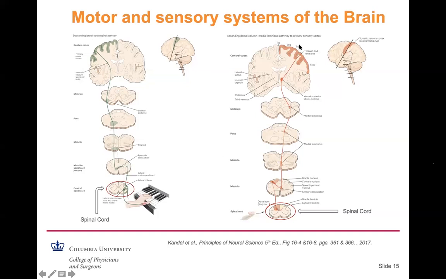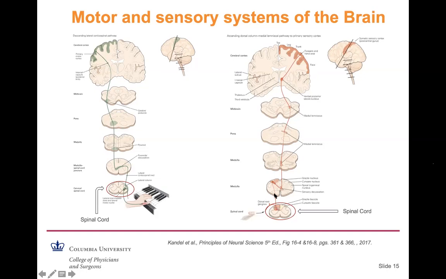The sensory cortex, remember I mentioned the somatosensory cortex, which is the postcentral gyrus, also contains all the cell bodies. And in this situation, let's say your finger is pricked by a pin or a needle. That sensory information travels from your finger to the spinal cord.